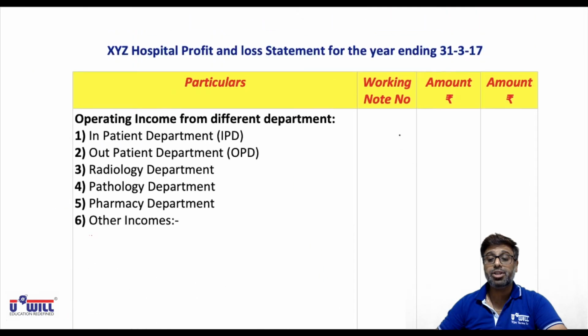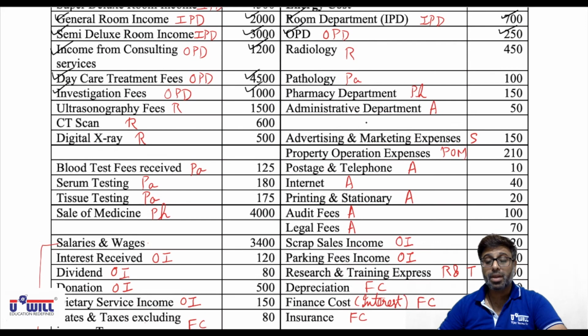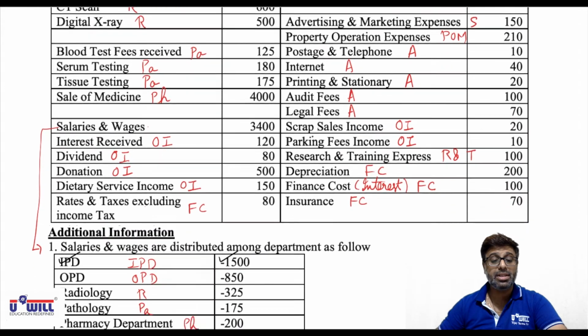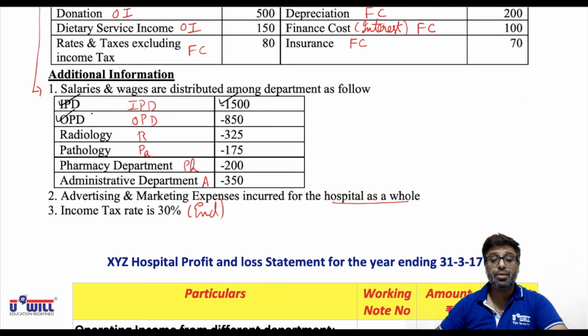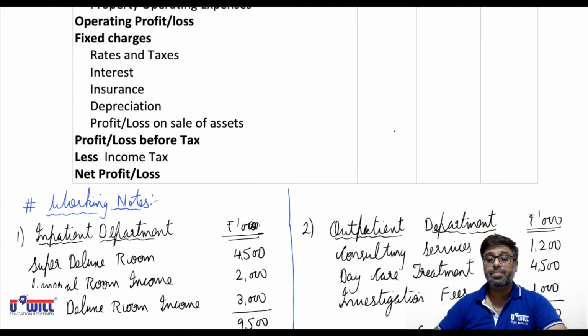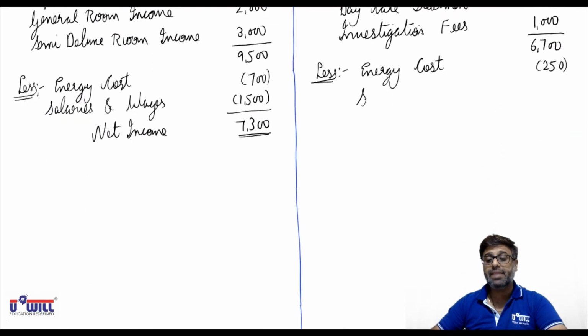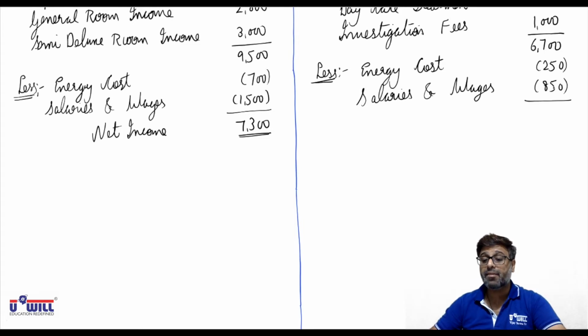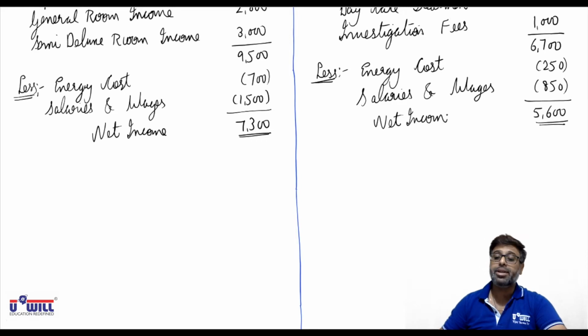Then after energy cost, other items marked in OPD, there is only this salaries and wages of 850. So 250 plus 850, 1100. If you subtract from 6700, we'll get 5600. That is net income of outpatient department.